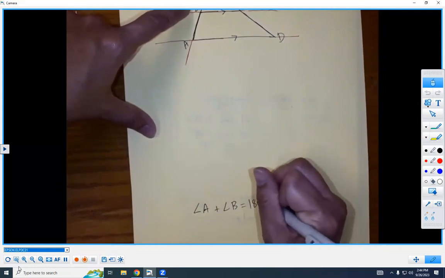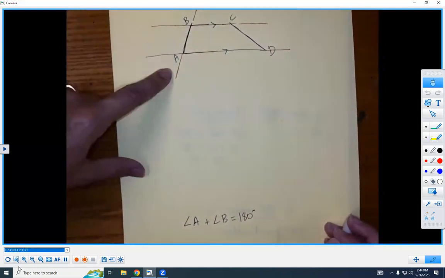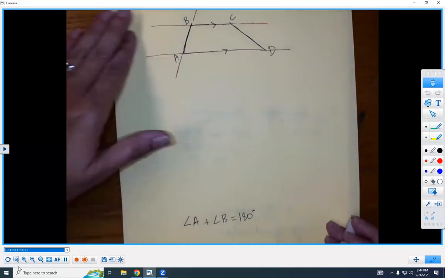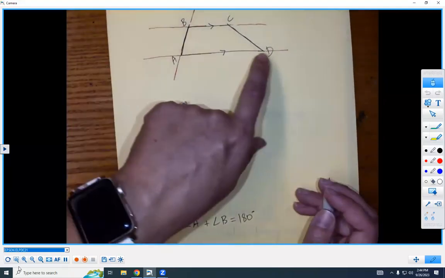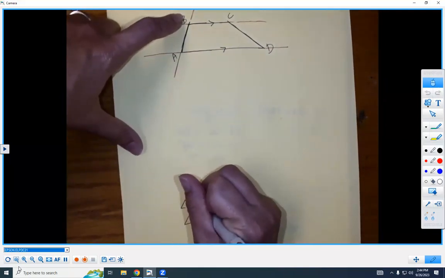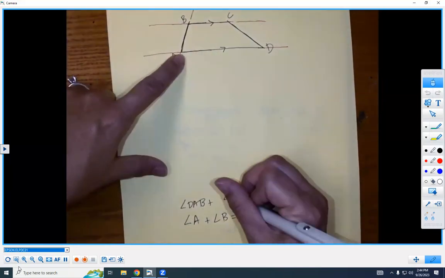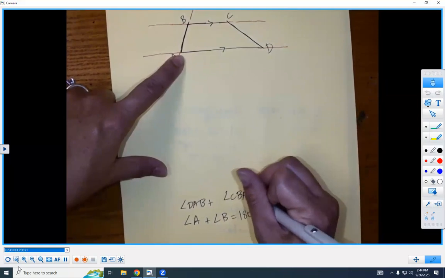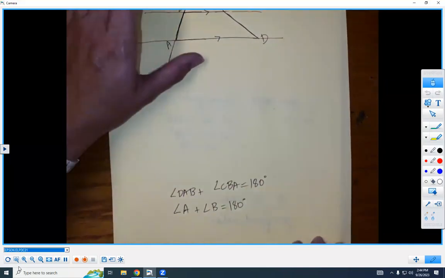I'm going to use three letters, since I have different lines and it's confusing which side A and B are on. So that would be angle DAB plus angle CBA equals 180 degrees. That's what I'm trying to prove.